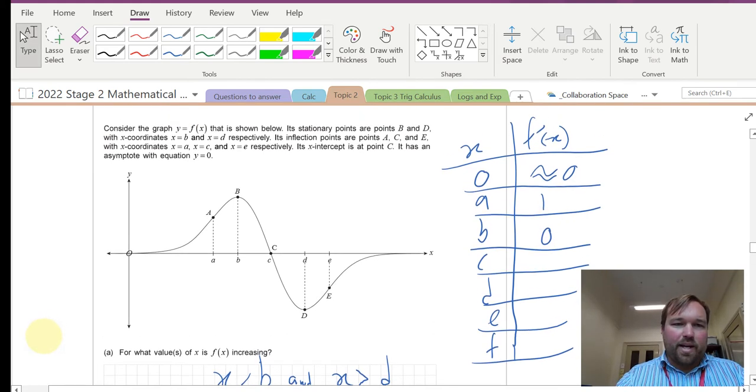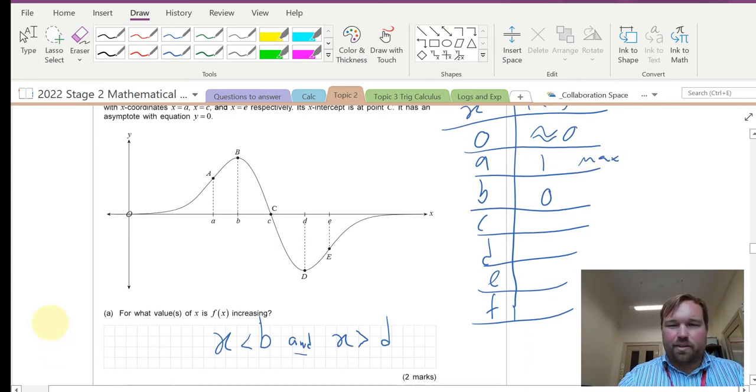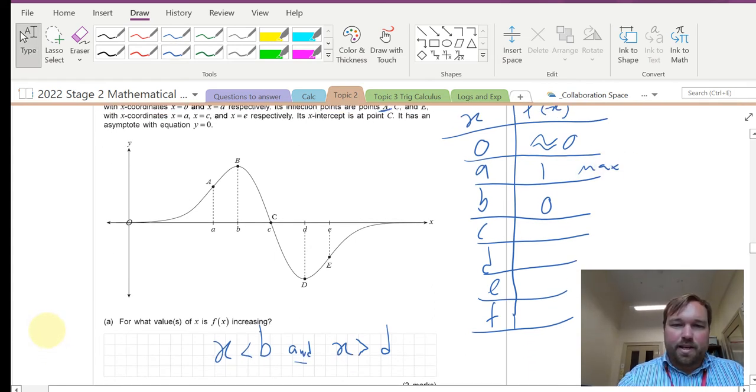And note we're told a is an inflection point. So this is a little max there. Make a little note to yourself, it's max. C, it's negative, and it's going to be the steepest negative part. So the steepest negative part here is another min. And b is 0, so that's a turning point. D is another 0, another turning point.